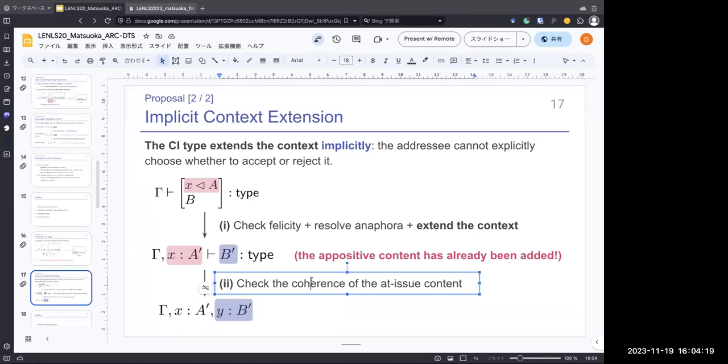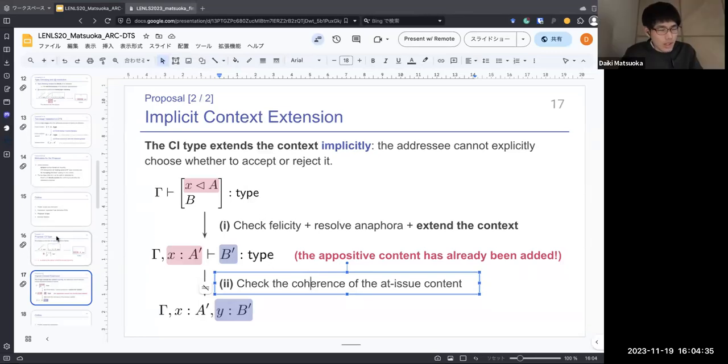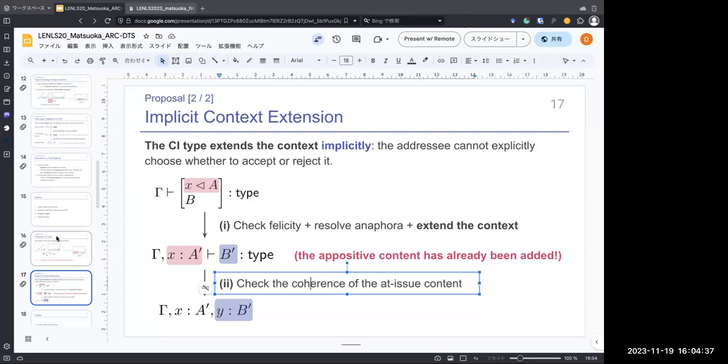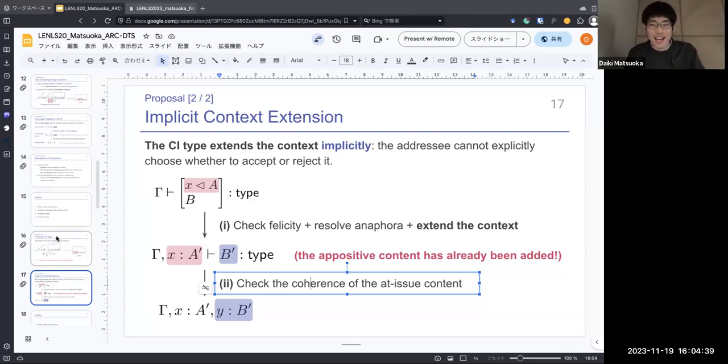Thank you for your talk. Is there a specific reason to use unspecified types rather than unspecified terms? Because I use unspecified terms in this presentation. Sorry, I have not mentioned anything about unspecified terms, but DTS has two variants.